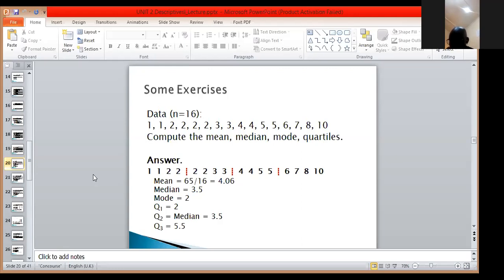We have a 3. Then what is our first number in the third part? We have a 4. So we add 3 plus 4 gives us 7. Divide by 2 gives us 3.5. That is our middle quartile, which is the same as our median. Exactly. So the median is the same as the middle quartile.